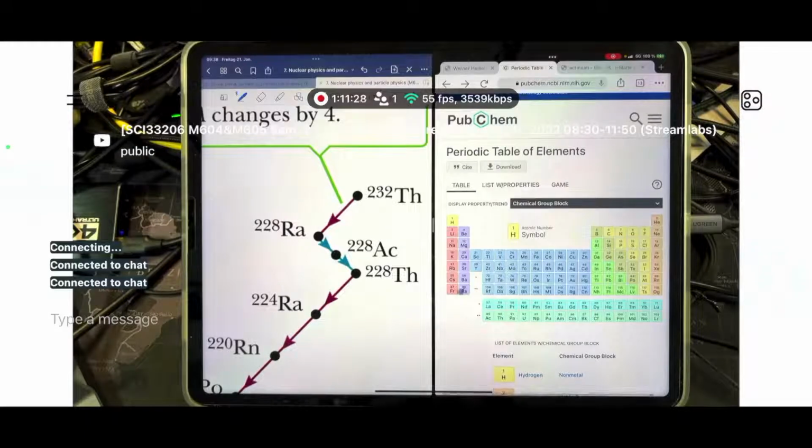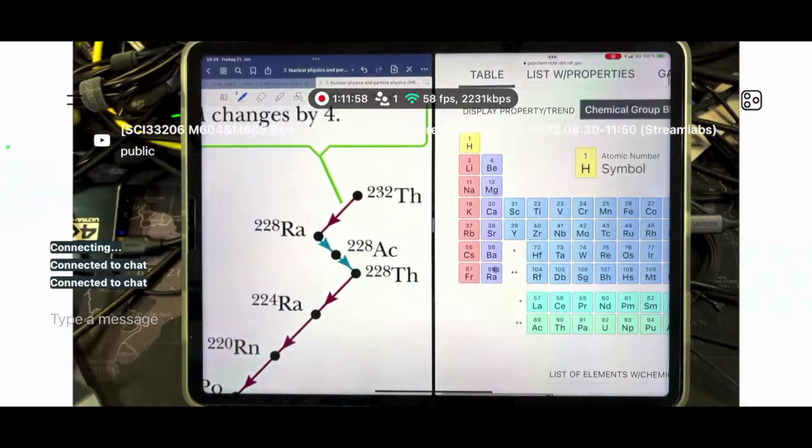Okay, radium is 88 right here. One neutron turns to be a proton, right? So the number of nucleons is the same, but the number of protons increases by 1. So when the atomic number increases by 1, from 88 we get 89, and 89 corresponds to actinium here.